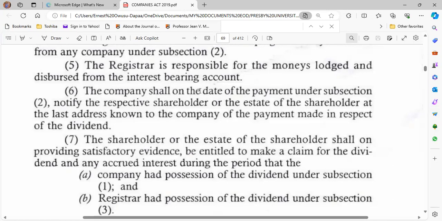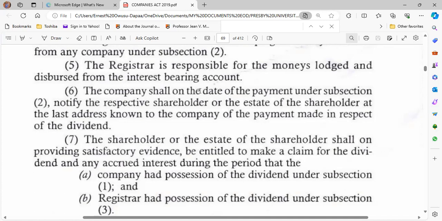Subsection 6, the company shall, on the date of payment under subsection 2, notify the respective shareholder or the estate of the shareholder at the last address known to the company of the payment made in respect of the dividend. So look at it.